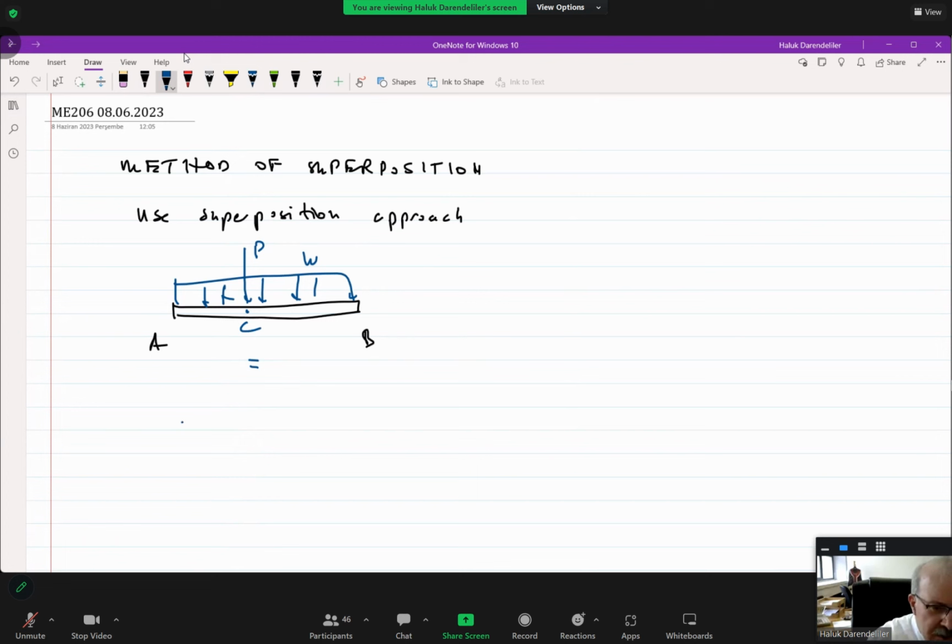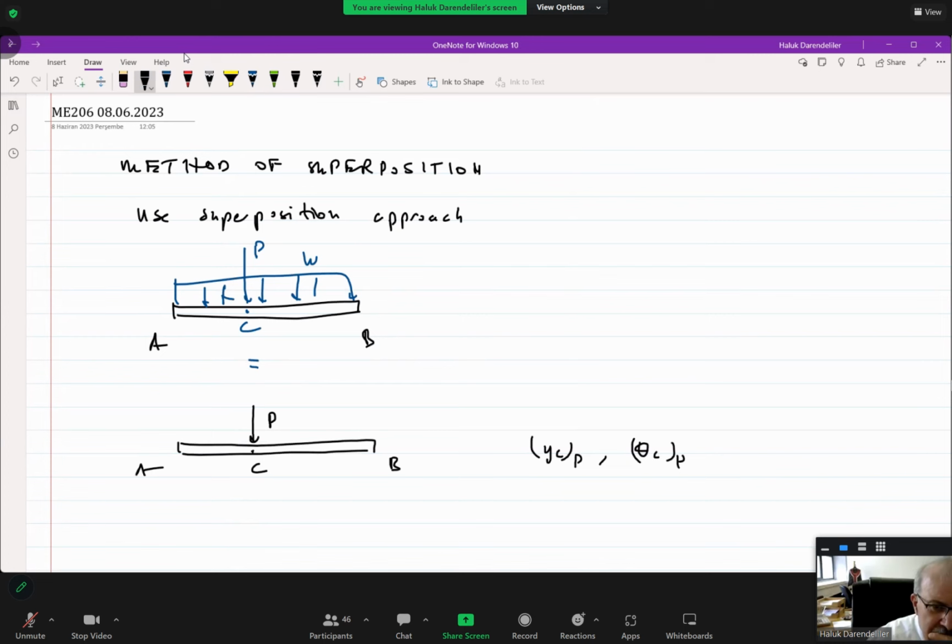I will do it very quickly. What you do is this. You divide the body, I mean, you analyze the body in two steps. At the first step, you just take the beam, beam AB, like that. This is A, this is B. First, consider only the force P. So find the deflection at point C. You determine Y C with respect to P and theta C with respect to P as we did before.